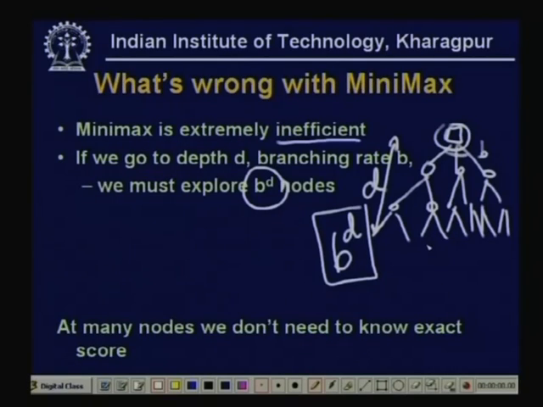However, note that while we are doing this Minimax search, we are only concerned with the best move for max at the root level. We really do not need to have the correct minimax value at all the intermediate nodes.